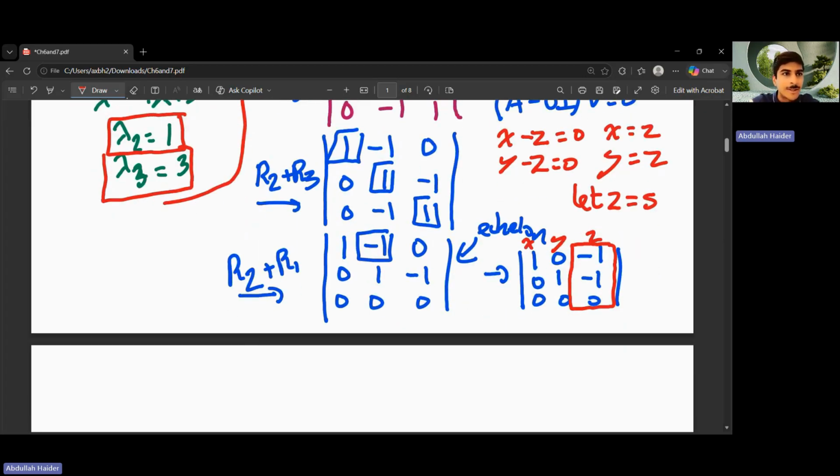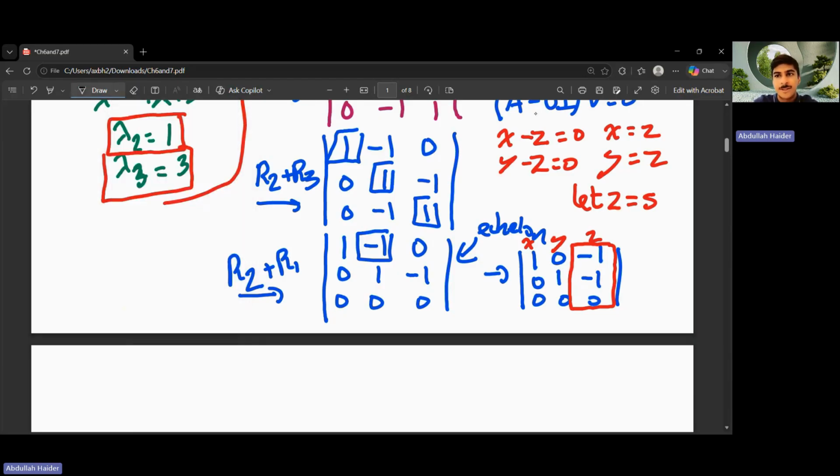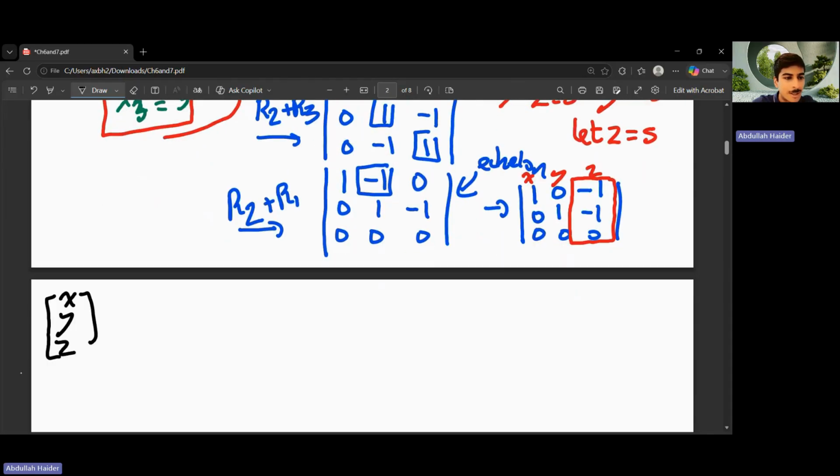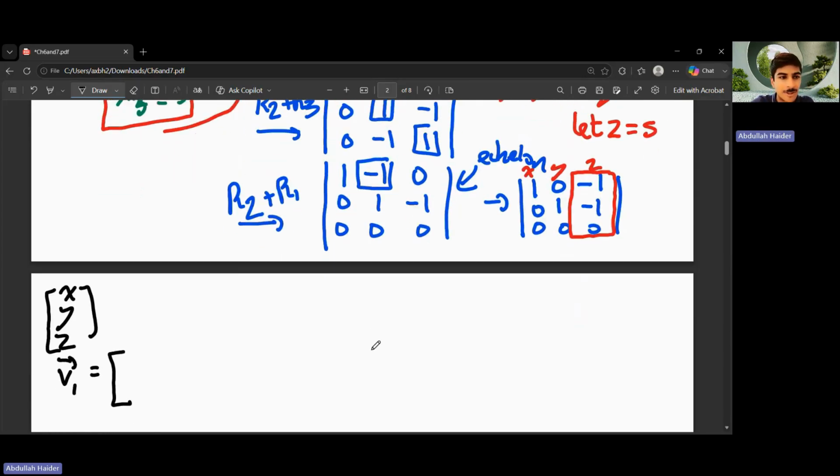In that case, your eigenvector will be in the form of x, y, z. So our v1 is x, y, z.